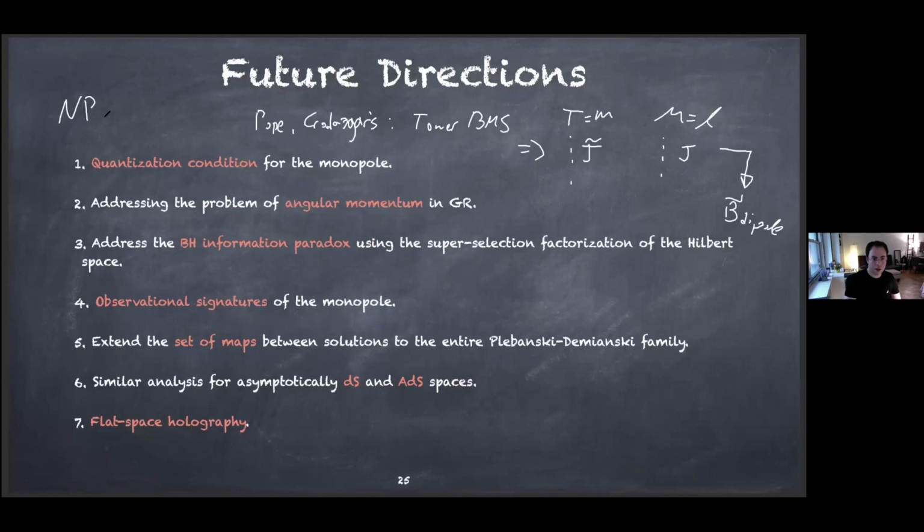So that's also an interesting question that we are thinking about, how these two things are related and how the tower of charges sums up to a finite amount of charges. Yeah, so all of these questions are very interesting and are currently in progress.